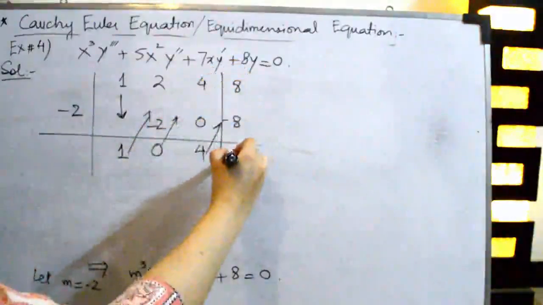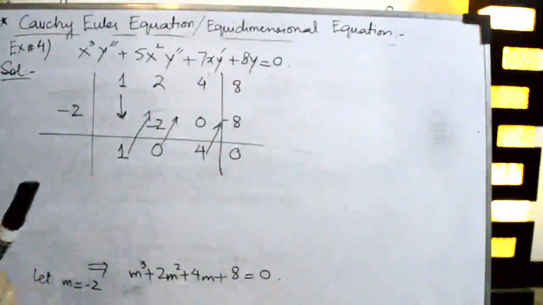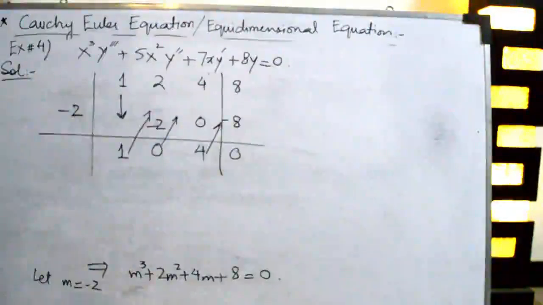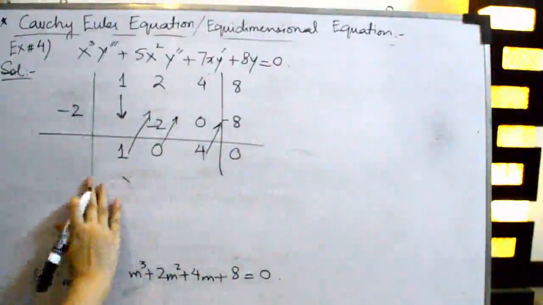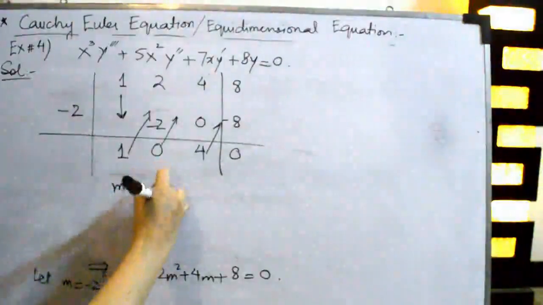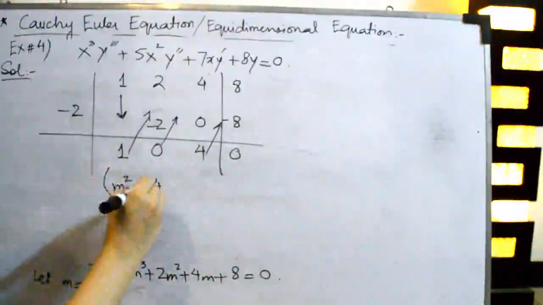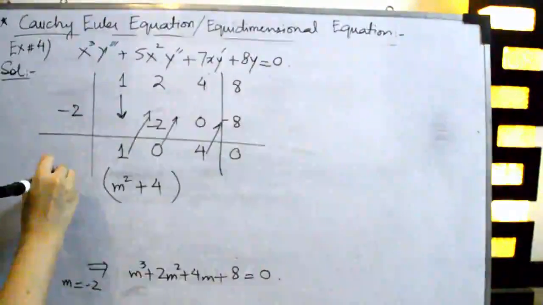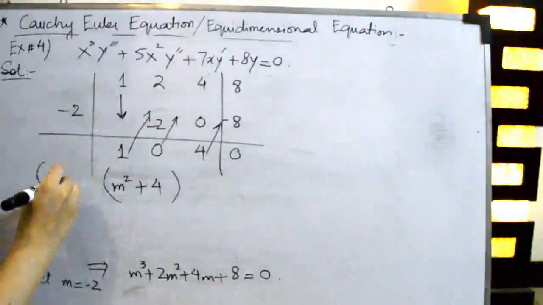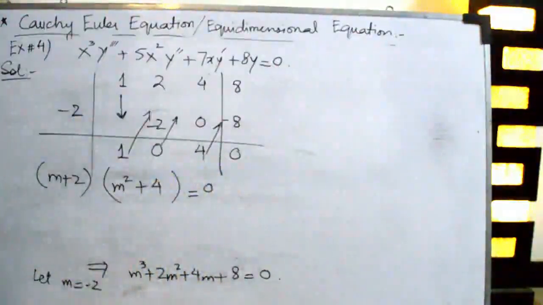So that makes a 0 remainder. Yes, it is completely divisible. So now your equation is reduced from cubic to quadratic: m square plus 4. So the first root is m equals minus 2, that means m plus 2.